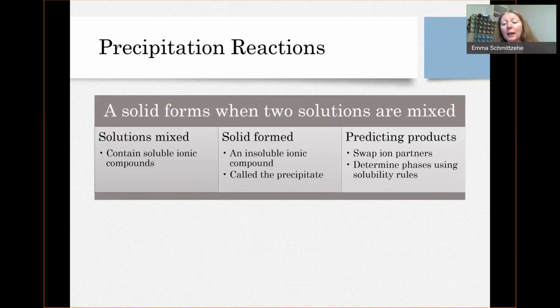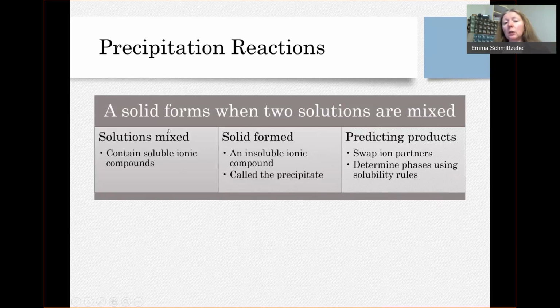The ones that came from the same solution will split up and partner up with the ones from the other solution. And then once you predict those products, you would determine the phases of the compounds, meaning is it dissolved? Is it aqueous, meaning is it a soluble ionic compound? Or is it insoluble, meaning the phase is then going to be a solid?